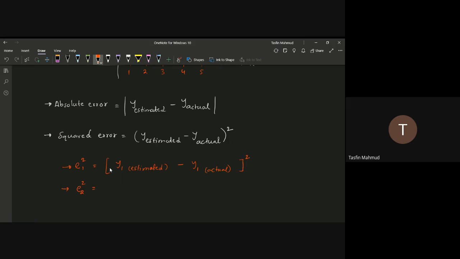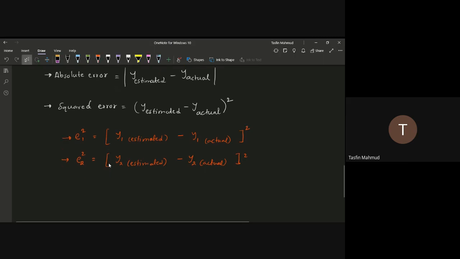So e2 squared is the squared error, which is y2 estimated minus y2 actual, and take its square. And similarly we can calculate e3 and so on.